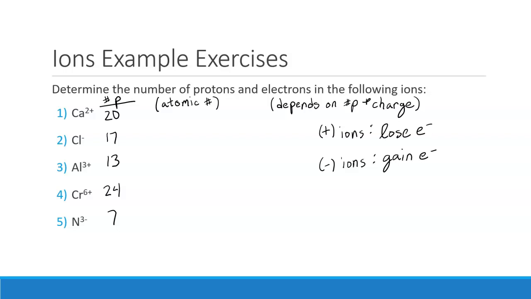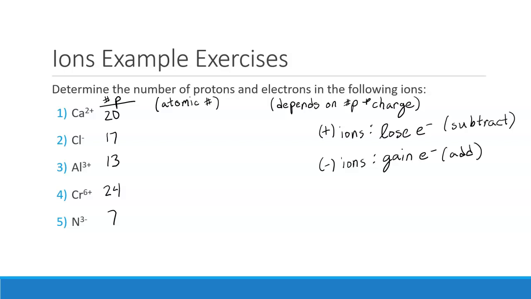So that means if we're dealing with a positively charged ion, we need to subtract based off of the charge. And for a negatively charged ion, we need to add electrons to the system.